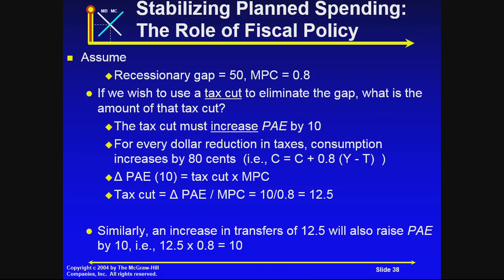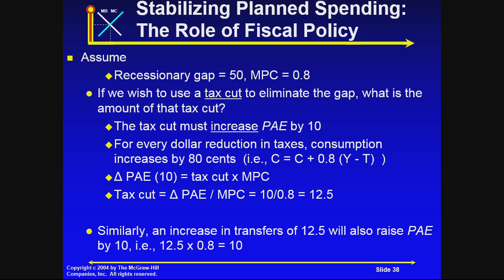If we wish to use a tax cut, this is a good thing. I raised a balloon already. Tax cut is expansionary policy. So if you're in a recessionary gap, 50 units is the difference there. How much tax would you have to cut in order to eliminate that output gap or recessionary gap? That's what we want. And we give you a hint.